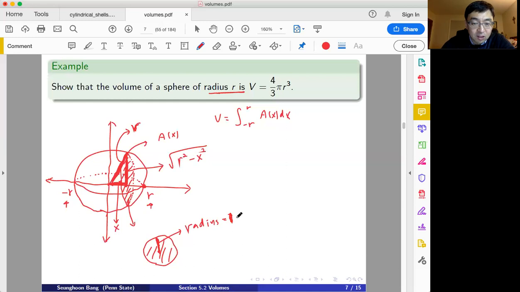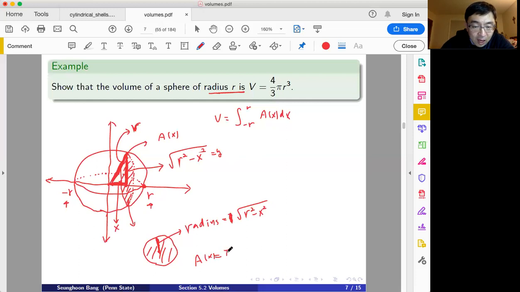This radius is the square root of r square minus x square. You're right. So we can write this is y. Yes. So what is AX? The area is, you said, pi times radius squared.